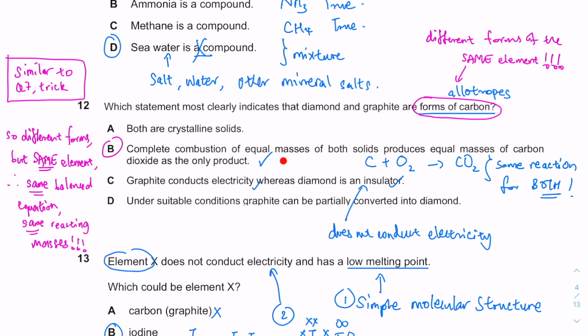So B is a chemical reaction, and this chemical reaction very clearly shows that these are allotropes by following the exact same equation and by the reacting masses producing the same mass of carbon dioxide when you start with the same amount of graphite and diamond. Okay, so apologies for the mistake. At least I'm able to correct it in this tutorial video before I have to correct it in the video description, just like some of my other tutorial videos. So keep an eye out for mistakes. Let me know if you spot any, and continue on with the rest of the tutorial.